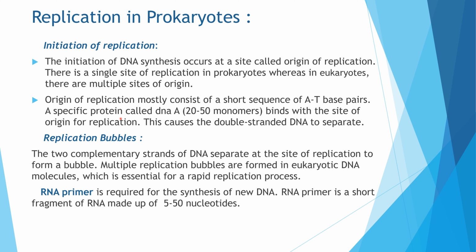A specific protein called DnaA binds with the site of origin for replication, and DnaA protein is made up of 20 to 50 monomers. DnaA protein causes the double-stranded DNA to separate.